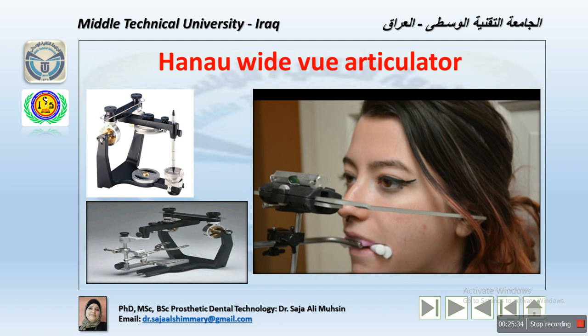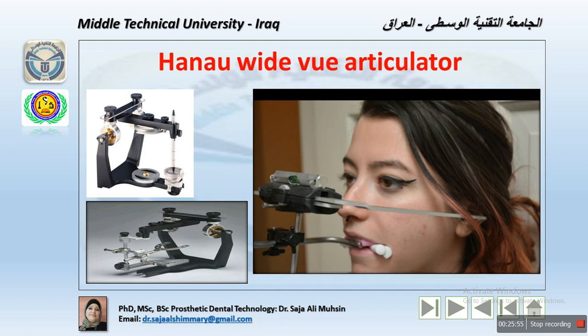So we have hinge and lateral movements, and it's easy to transfer the maxillomandibular relationship and the relation of the maxilla to the TM joint. All the relations can be easily transferred to it.